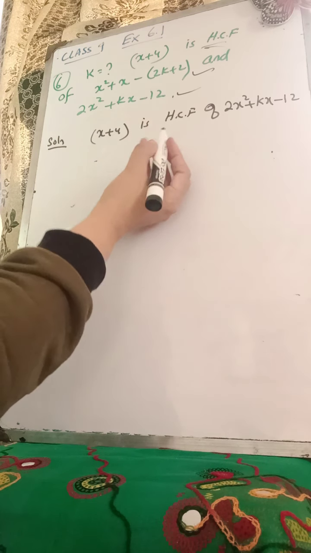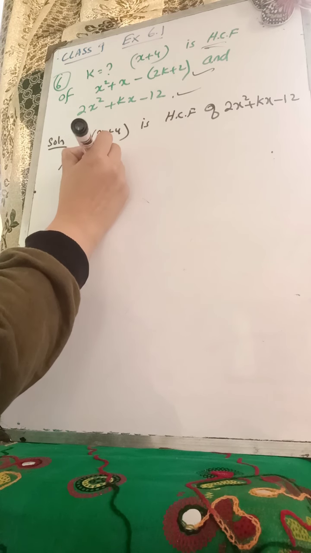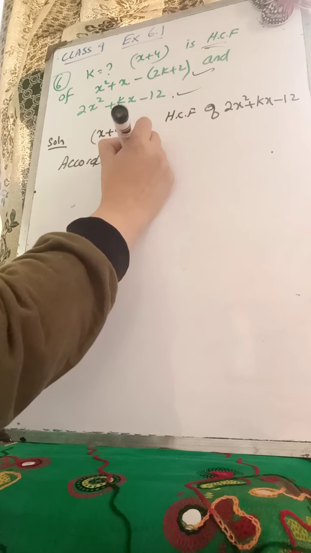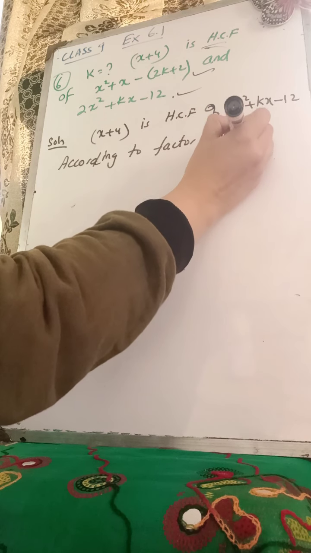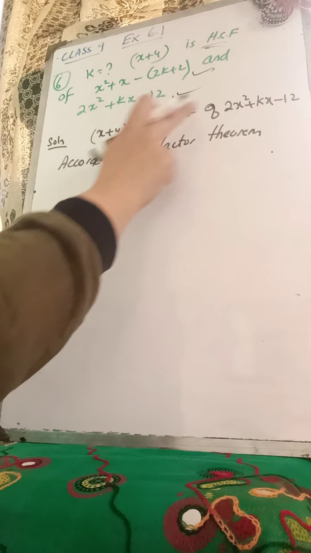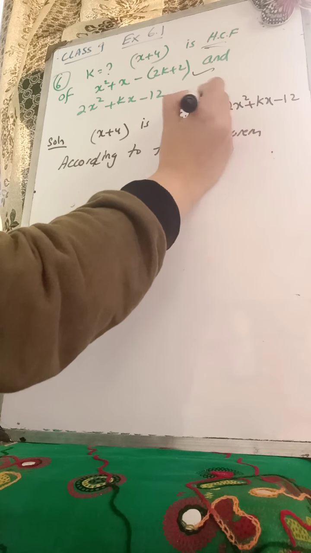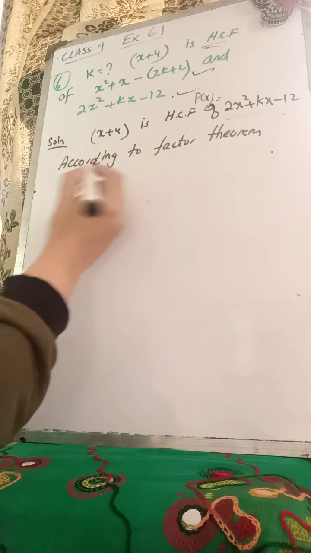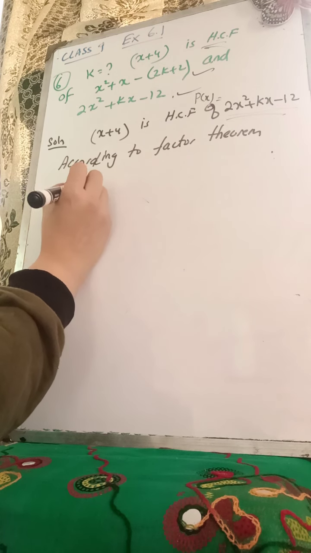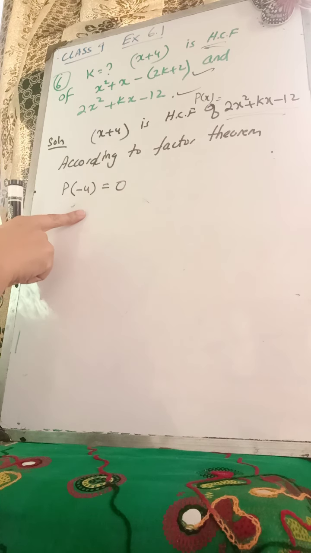So according to the factor theorem, if x plus 4 is a factor of this expression, let me name it p of x, then p of negative 4 must be equal to 0. This is from the factor theorem that we have already learned.